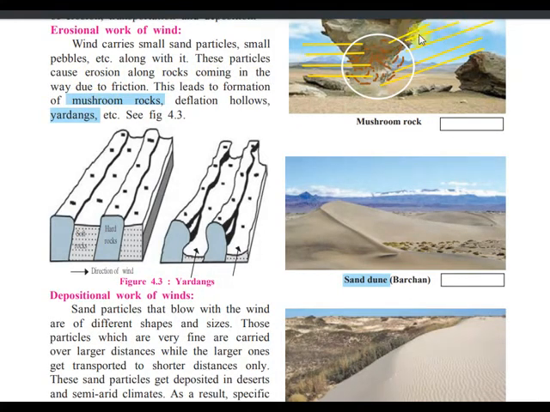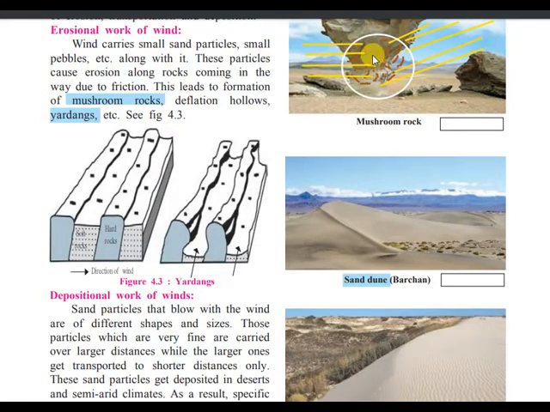Now this is the direction of the wind which is flowing towards this direction, and we know that the waves of the wind already have smaller particles of sand which they have carried from a long distance. So when they come in contact with a solid object, the continuous hitting of the wind causes friction which makes this structure break, and these particles are carried away with the speed and direction of the wind.